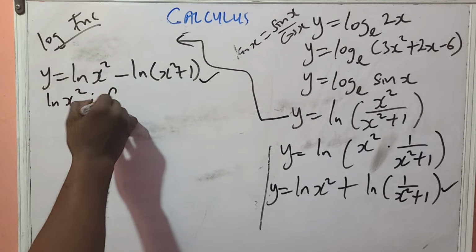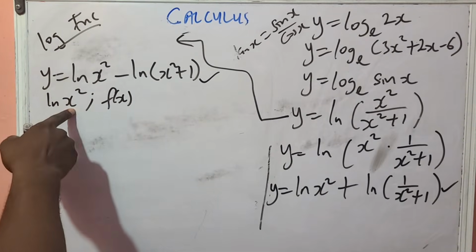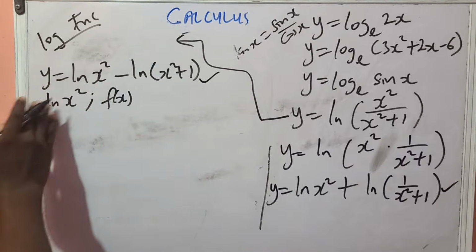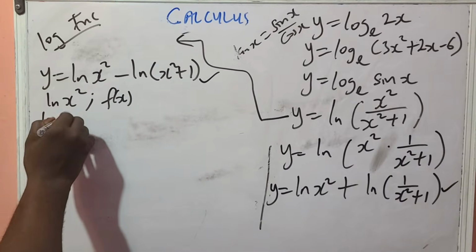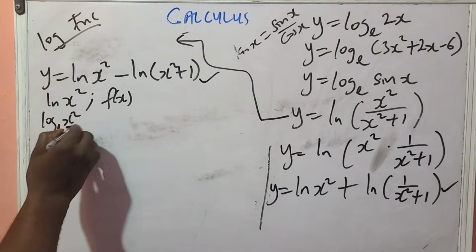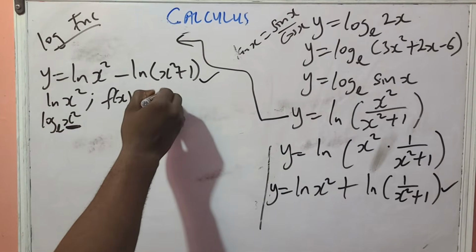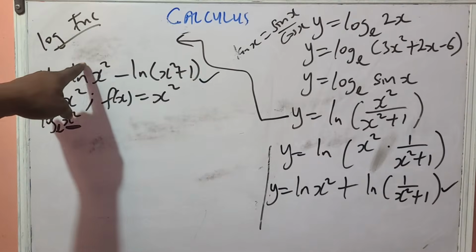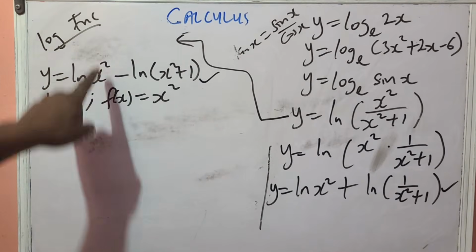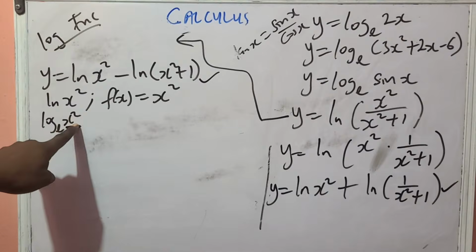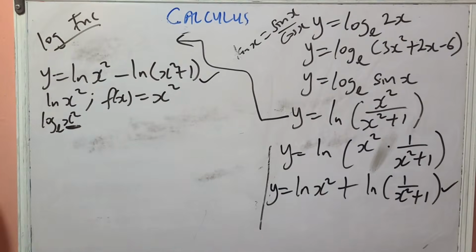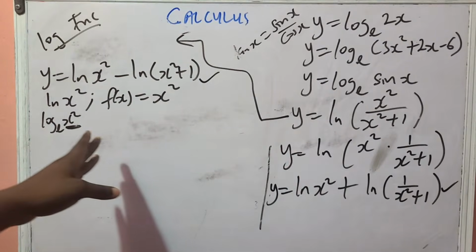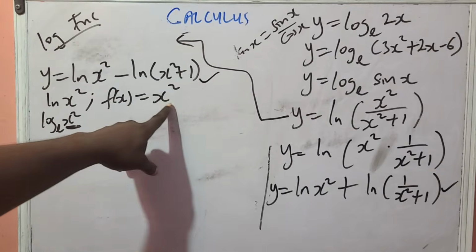For ln x squared, what's my f of x? Ln x squared is the same thing as log e x squared. So following the same rule that we have been using for all the many questions we have solved, your f of x is x squared here.